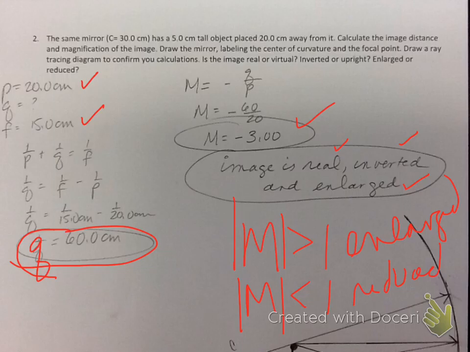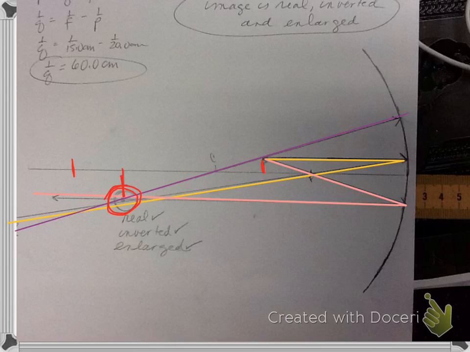Yes. And you can't have a magnification less than 0. Well, it's absolute value. So yeah, never mind. You can have negative numbers because the negative is what tells you if it's inverted or upright. So the sign of the magnification gives you that. Other questions?